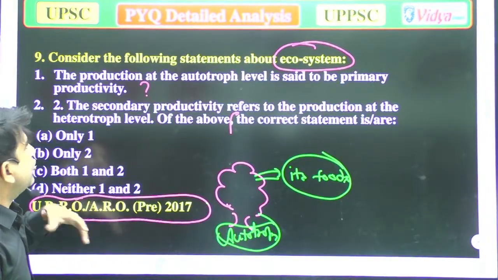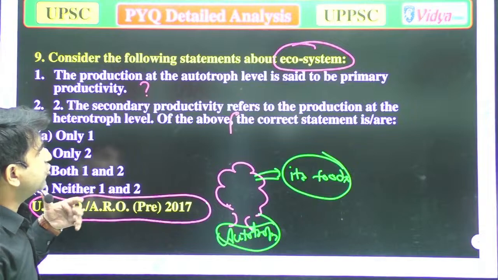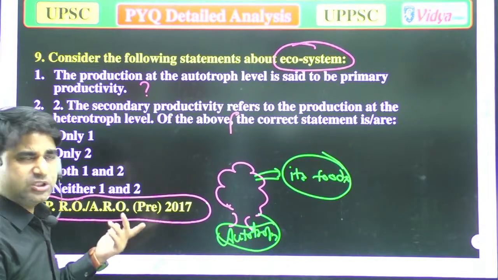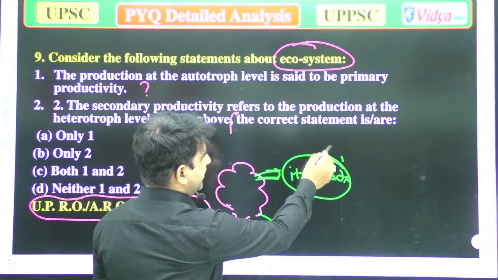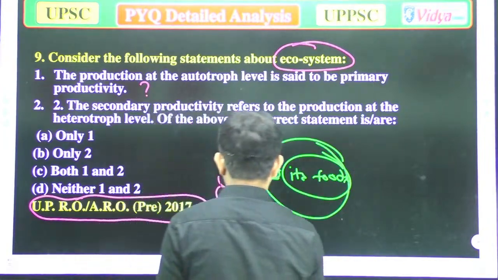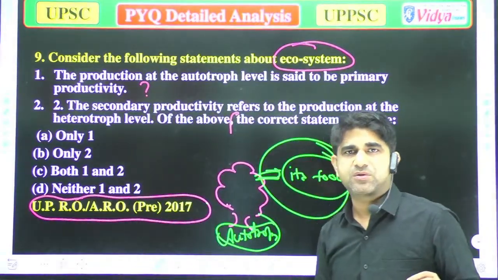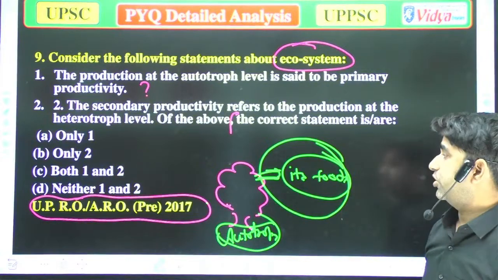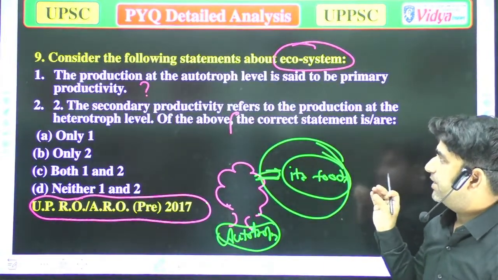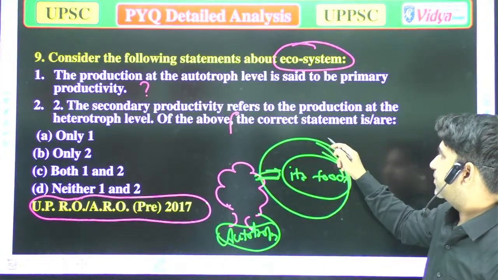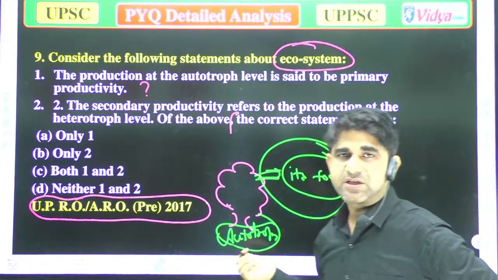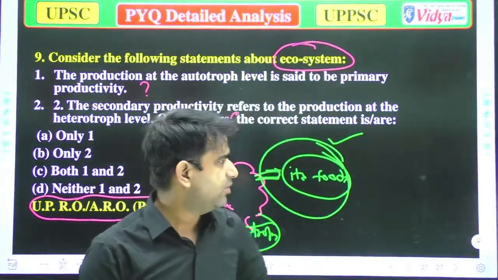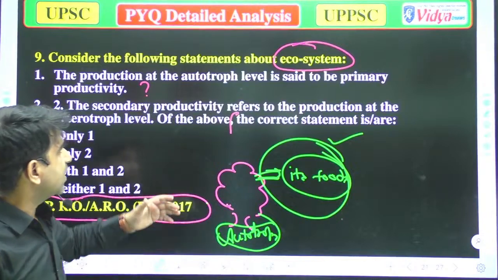So the production at the autotroph level is said to be primary. Autotrophs play the most important role for the production.